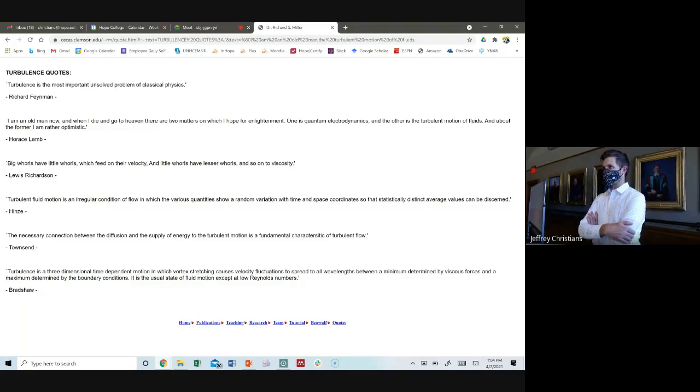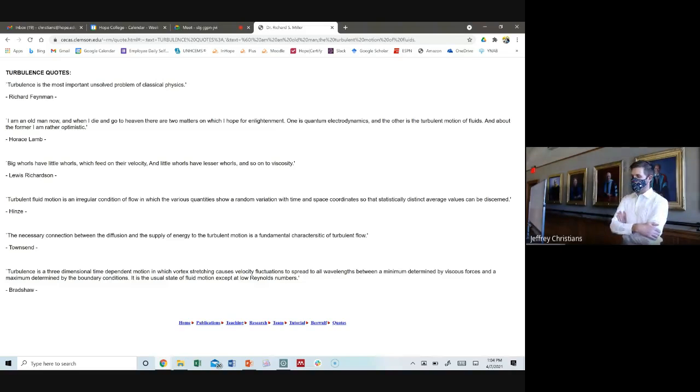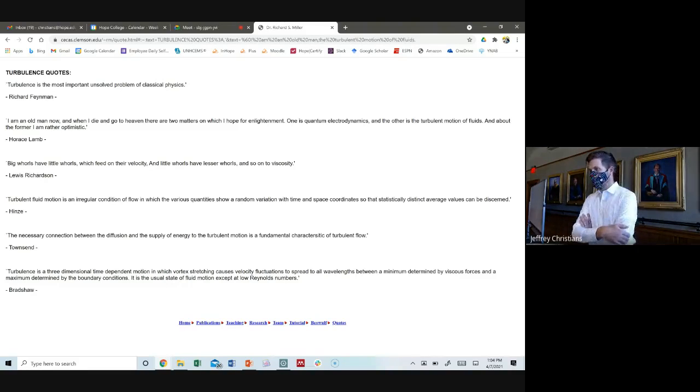From Richard Feynman, who you've likely heard the name of: turbulence is the most important unsolved problem of classical physics. So, outside of quantum mechanics, it's about as hard as it gets and as important as it gets.